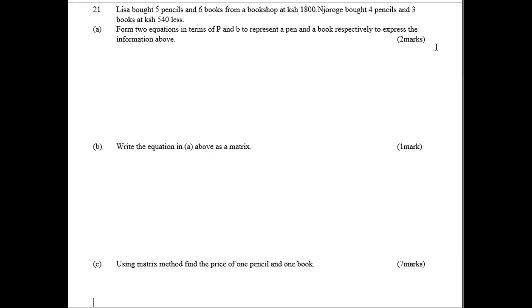The matrices, for them to be operated, they must be compatible. The matrix of inverse is 2 by 2, which is 3, -4, and -6, 5. The answers 1800 and 1260 is a 2 by 1.